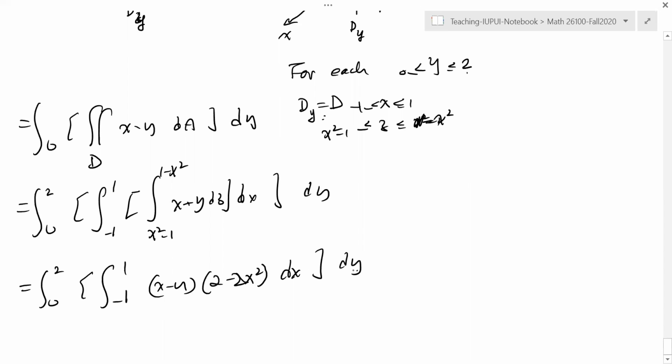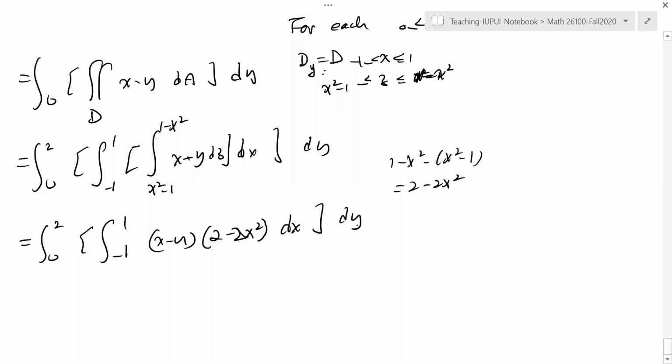Then you get a polynomial of degree 3. You have to multiply this out and evaluate this integral.